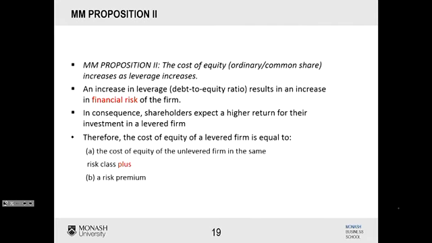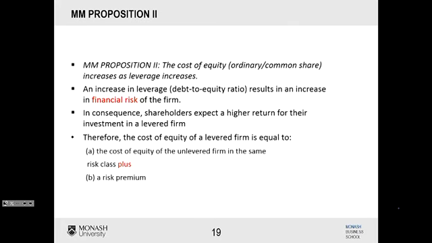Increase from what? Increase from 2 elements: first, the cost of equity of the unlevered firm, which will be the same, but there is an additional part. The additional part is the risk premium. As a consequence, the shareholder would expect a higher return for their investment in a levered firm compared to an unlevered firm.